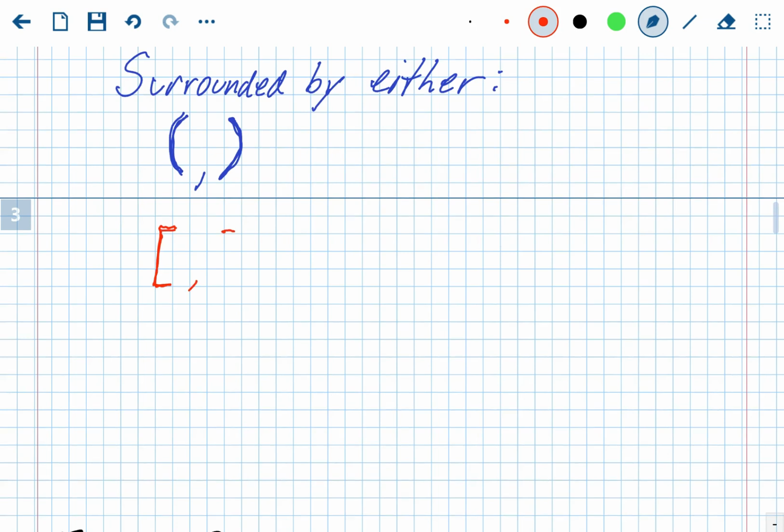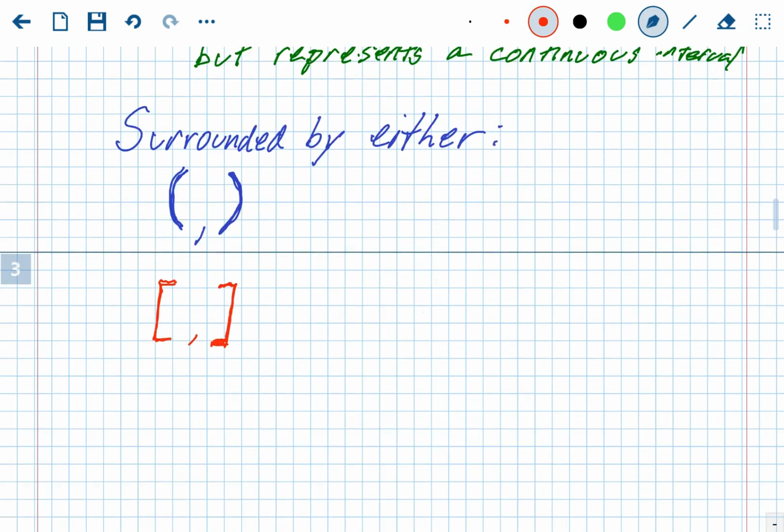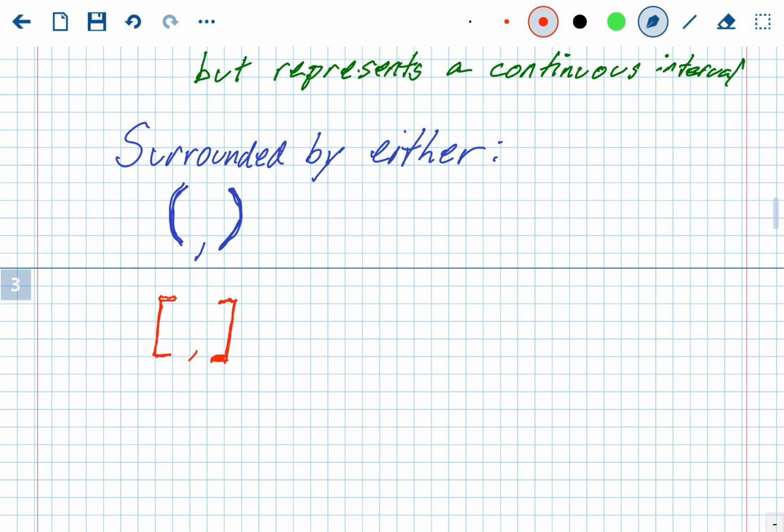So endpoint A is either going to have a parenthesis around it or a square bracket. Endpoint B is either going to have a parenthesis around it or a square bracket. It has to be one of those two, but they don't have to match. So one could have a parenthesis, one could have a bracket.